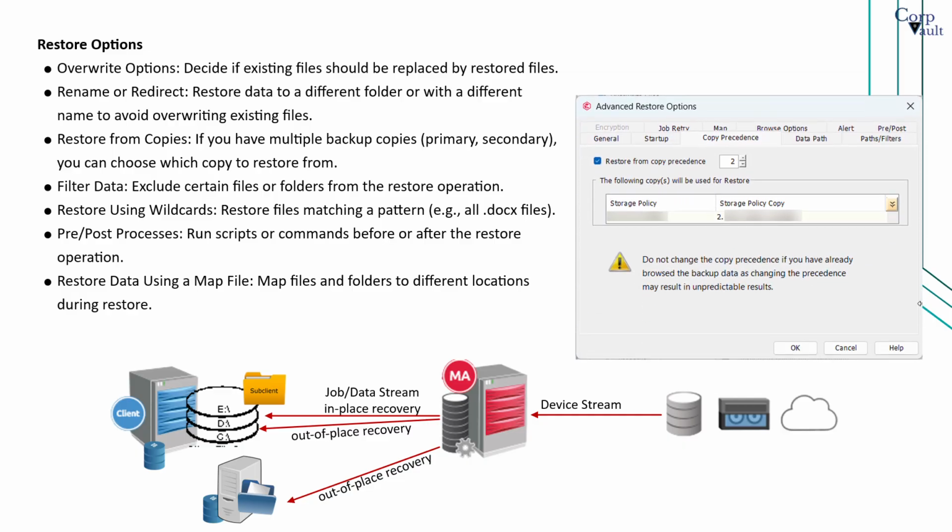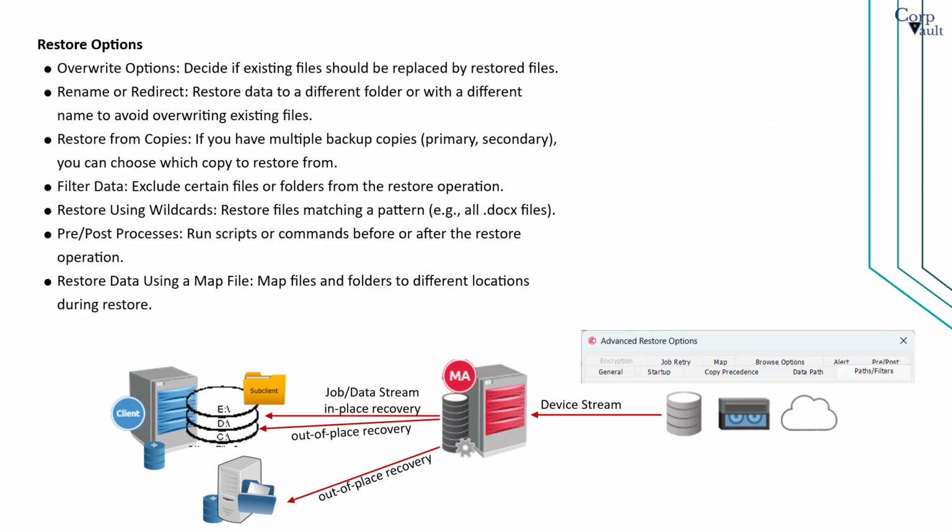Restore from copies. If you have multiple backup copies, primary, secondary, you can choose which copy to restore from. Or, you can leave Commvault to automatically find and restore data from any available backup copy, even if the original storage is unavailable.